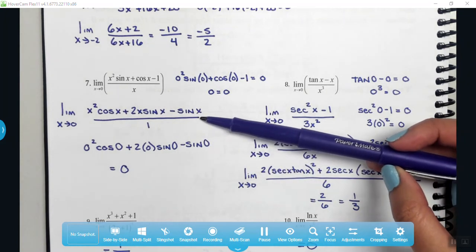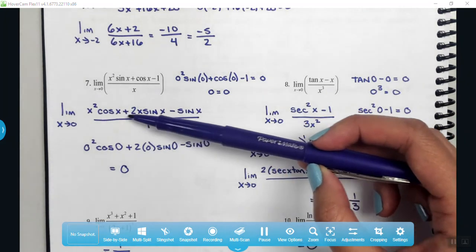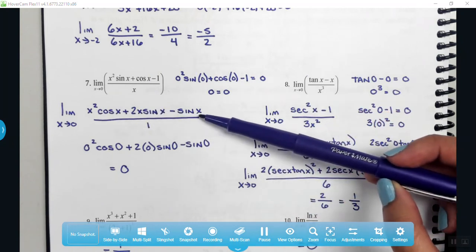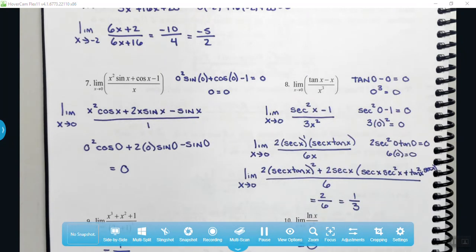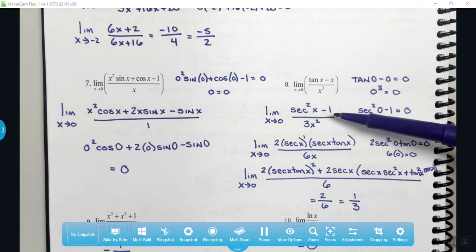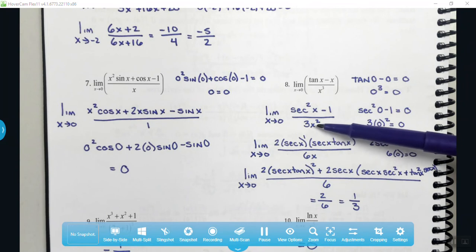Okay, so I did product rule for the first part. Derivative of cosine is negative sine. So that one just straight up equaled 0. And then 8 was annoying. The first L'Hopital was secant squared minus 1 over 3x squared.